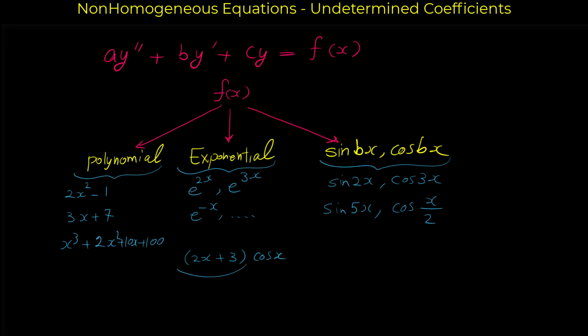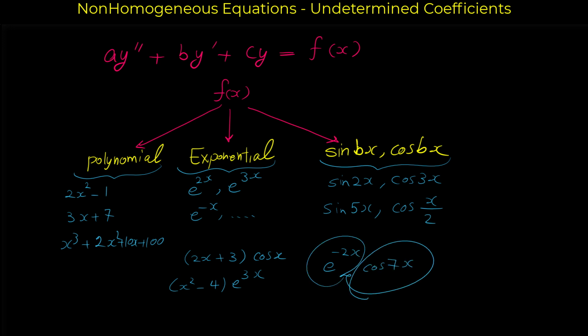This is a product of a polynomial by sine or cosine. Or, for example, f of x can be something like x squared minus 4 times e to the 3x. Polynomial times exponential. Or other combinations, which you can make. E to the negative 2x times cosine 7x. Exponential times cosine.